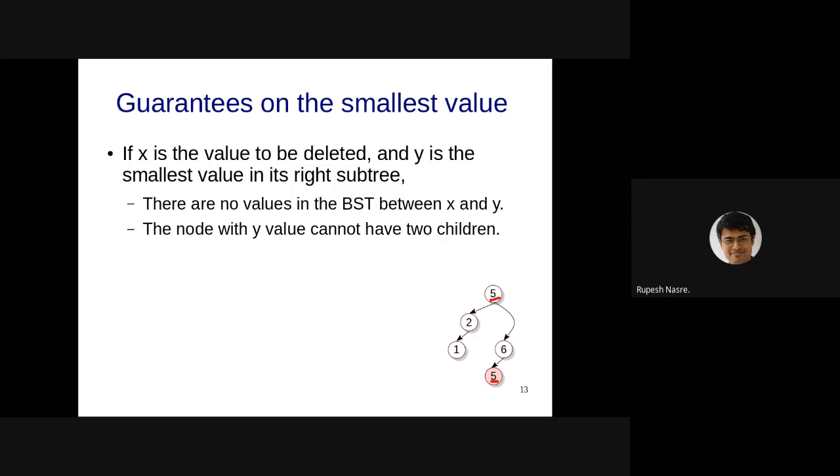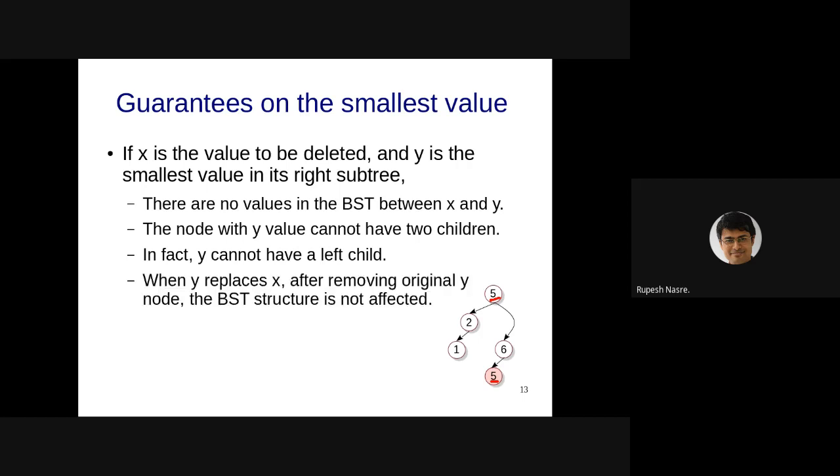Is this clear? In a similar manner, we can say that if we are replacing this x with the value y, which is the largest of the left subtree, then that node also cannot have a right child. Right? So y cannot have a left child in the right subtree case, and in the left subtree case, y cannot have the right child.